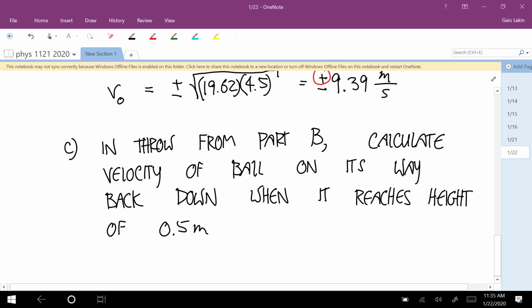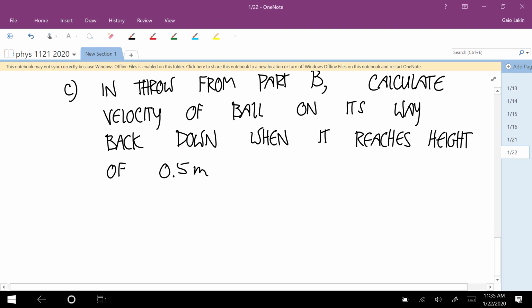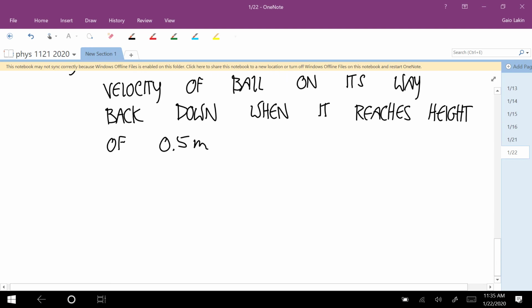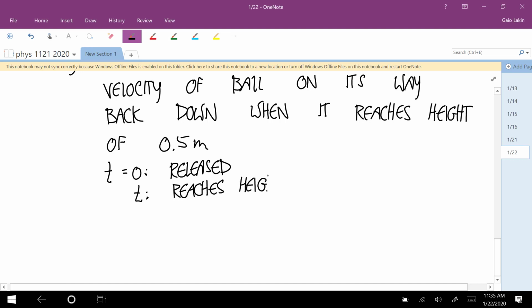This one is pretty much the same, but I just want to point out something that's always true in projectile motion. Our time t equals 0 is going to be when it's released. Our time t is going to be when, on the way back down, it reaches the height of 0.5 meters.